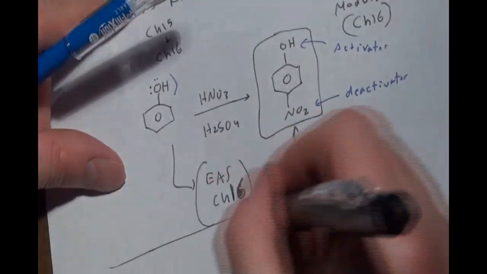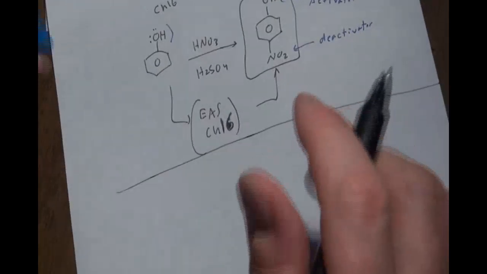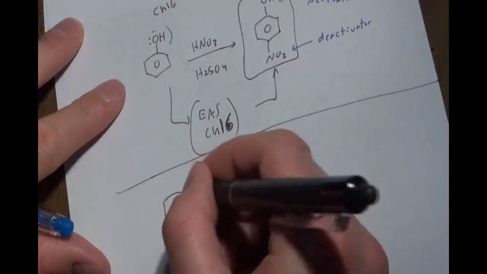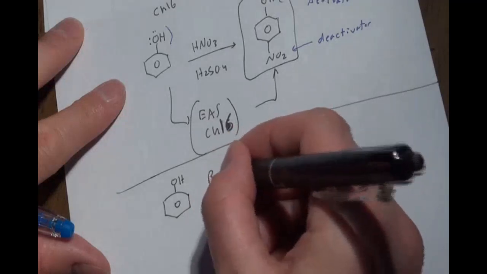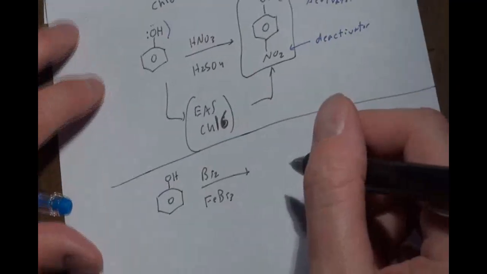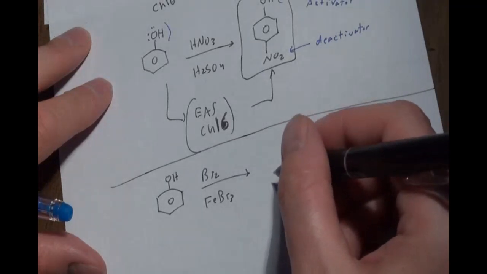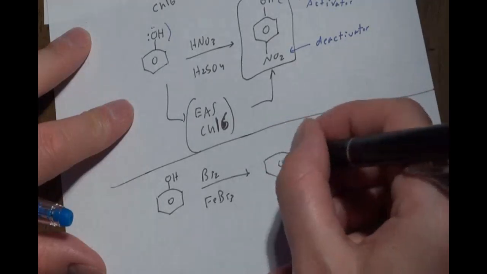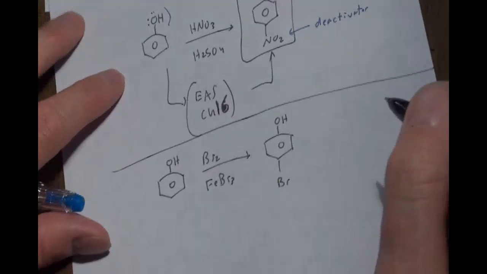What we learned in chapter 16 was that sometimes it's different, and we gave the example of a phenol reacting with Br2 and FeBr3. What happens is it brominates just like you would expect.